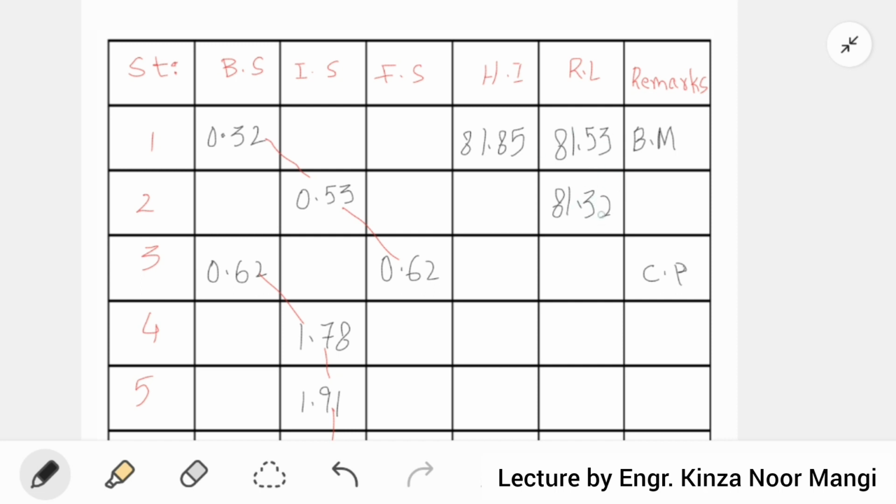Then again subtract from the height of instrument 81.85 the 0.62, which gives us 81.23. Because the instrument has changed its position, we again start from the beginning, that is the 81.85 height of the instrument.